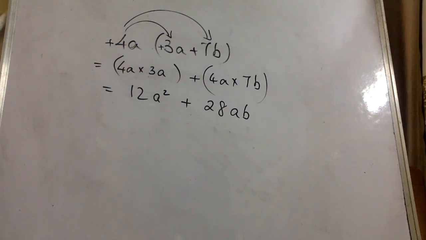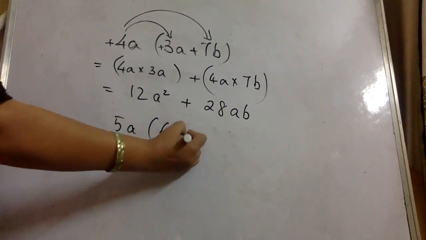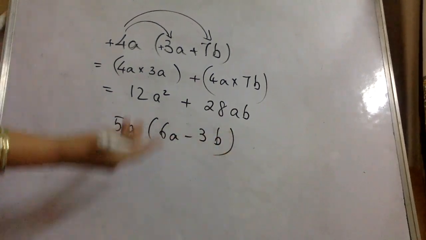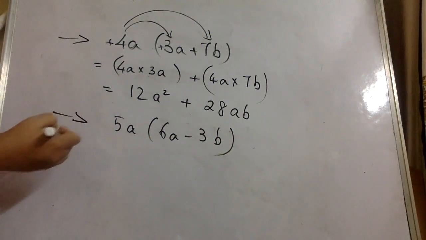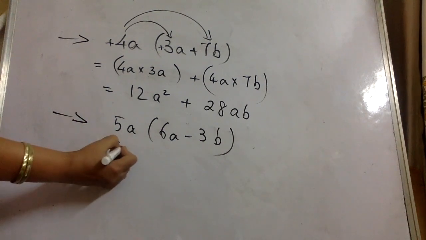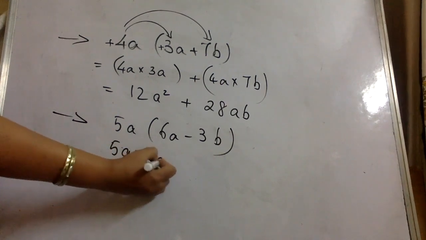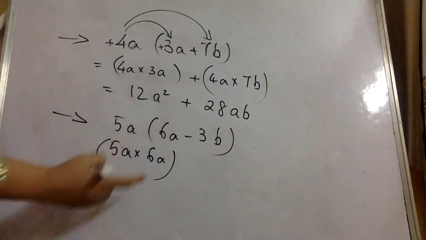Let's check another one. Now this one will have some negative signs. Let me take 5a and 6a minus 3b. This is my new question. So what do I do here? This is again 5a into 6a, plus 5a plus 6a is a plus, so I have not written it.